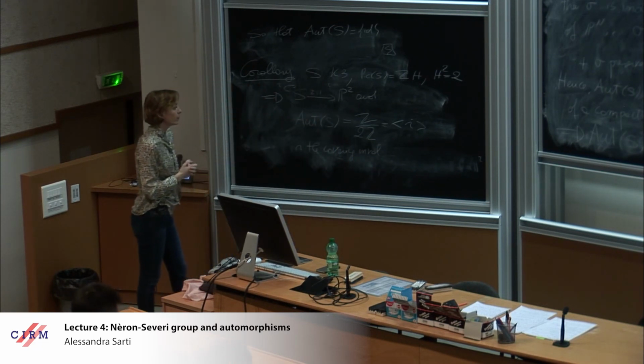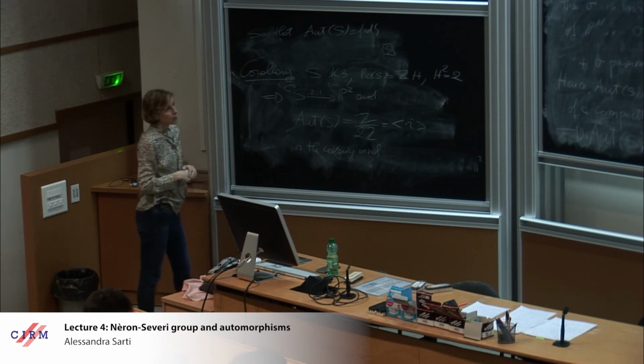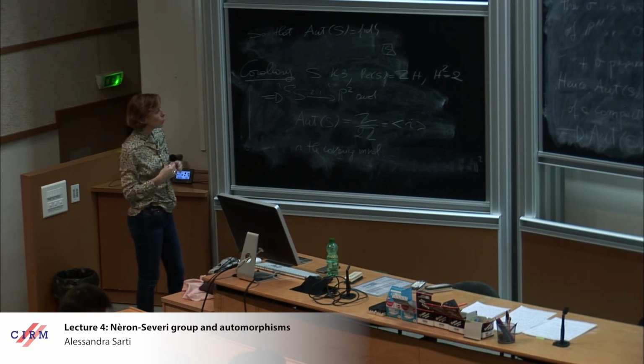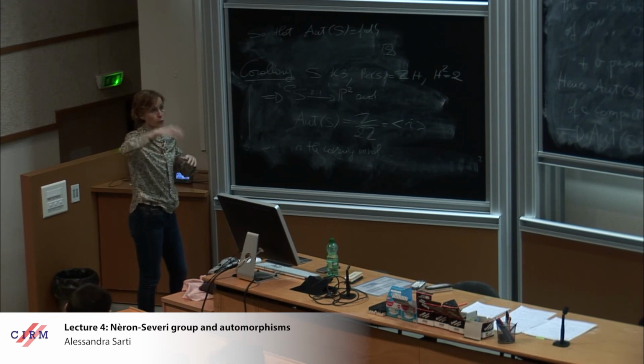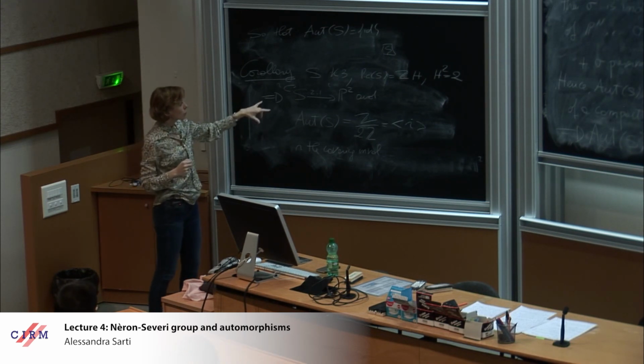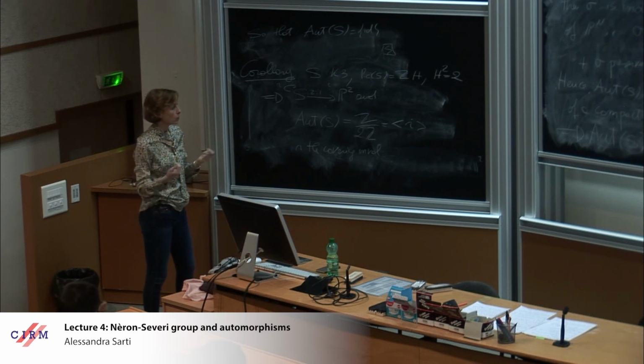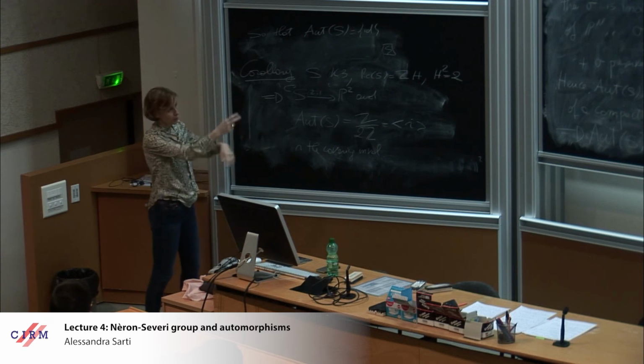Anytime you have a double cover like this, you have an involution, which comes from switching the two points in the preimage. I will not give the proof; it follows in the same way as the previous argument. First, S is projective, so you put it in some projective space, and you can show that the automorphism group is finite. Then you have only non-symplectic involutions, but you cannot have more than one, because if you have more than one, you get a symplectic automorphism, and this is not possible.